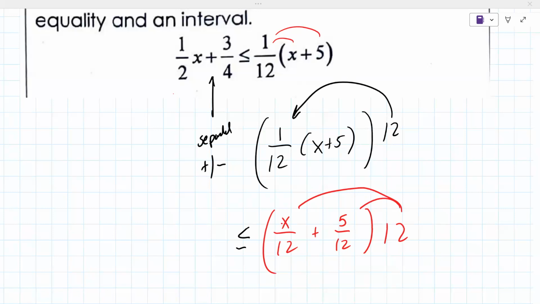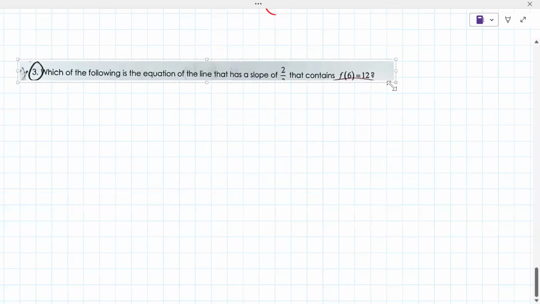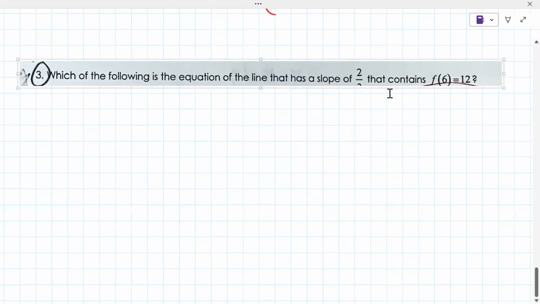I think this one was mostly just rushing, because I knew that it wasn't D or C, so I was debating whether it was A or B. I thought it was A at first, f of x equals 2/3 x plus 8. But when I did it, I didn't get the 12, so maybe there was a calculation error when checking if A is correct or not.